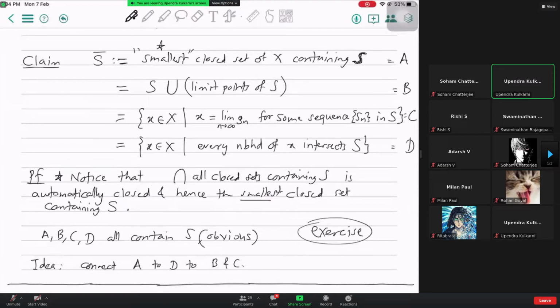So what is the complement of this set? It's the union of all open sets not intersecting with S. Right?